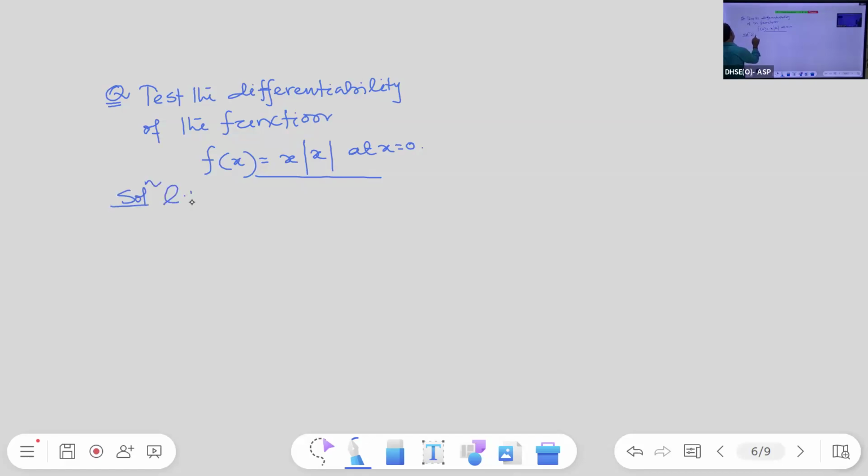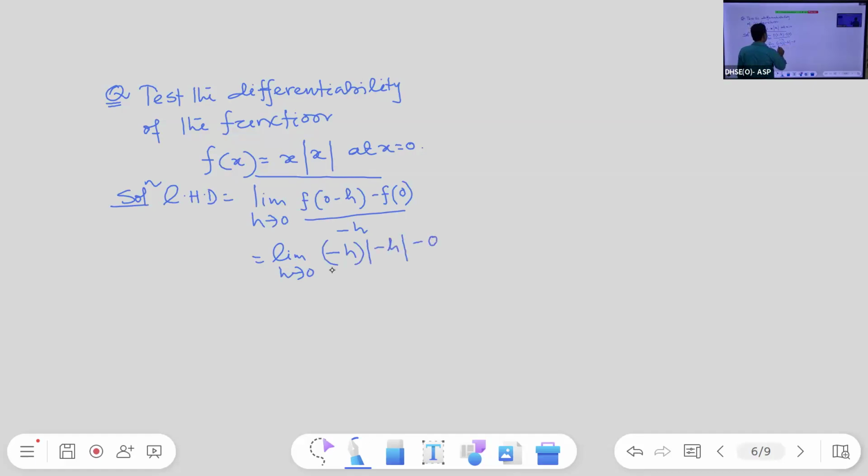LSD is equal to limit h tending towards 0, f of 0 minus h minus f of 0 upon minus h. This is equal to limit h tending towards 0. 0 minus h means minus h. Minus h into mod of minus h minus f of 0, which is 0, upon minus h.